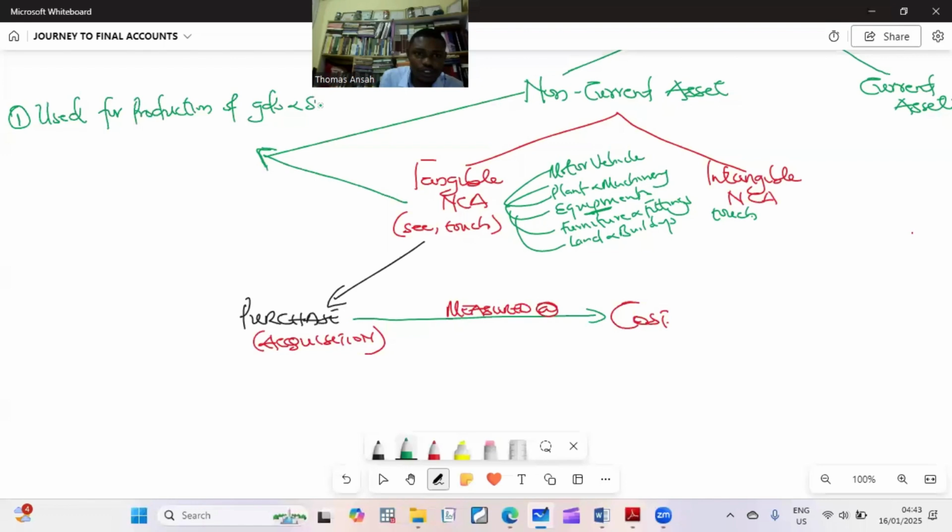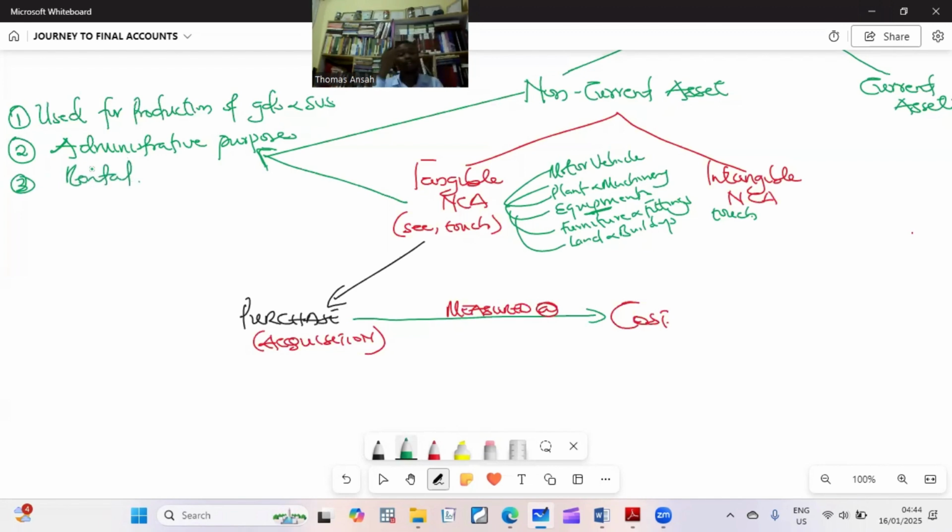If you pick your motor vehicle, you see that you are using it to run a service. Plant and machinery, production, equipment, all these things are usually used for production of goods and services, or for administrative purposes. Sometimes too, you can rent it, so, or for rental.